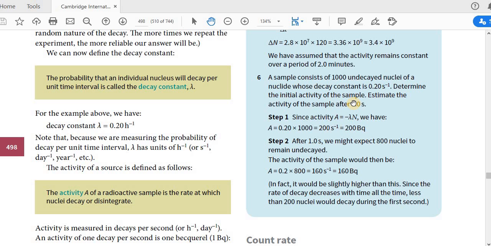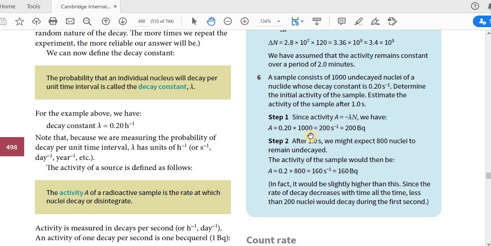Determine the initial activity of the sample. Initially this is the number of undecayed nuclei. The decay constant is this. So this is the initial activity. But after 1 second, now you can see 200 becquerel, that is the activity.